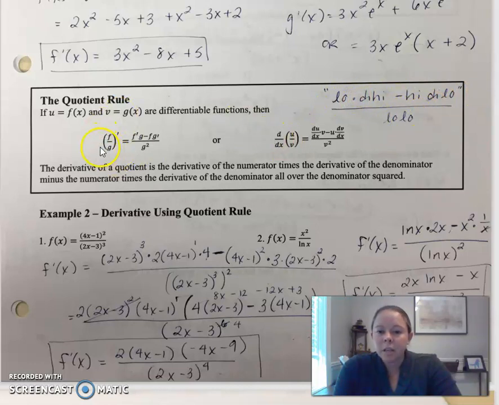And what that means is low is your denominator, d high is the derivative of your numerator, minus high, which is your numerator, d low is the derivative of your denominator, all over low low, which is your denominator squared. Okay, so it's just an easy way to remember the quotient rule. And students will struggle to remember which comes first. And low d high minus high d low over low low takes care of that. You won't ever forget which part comes first.